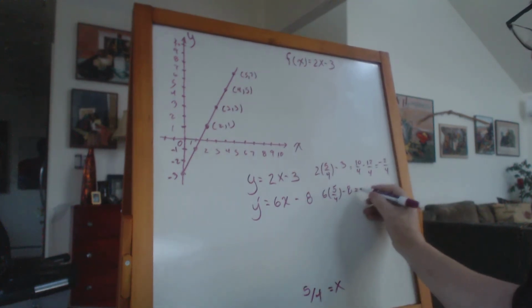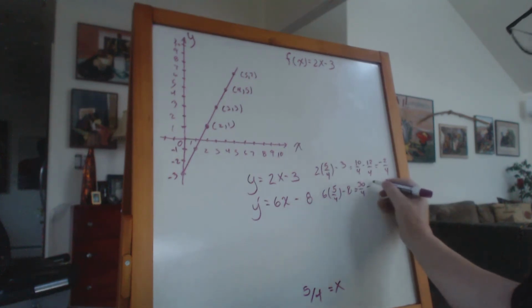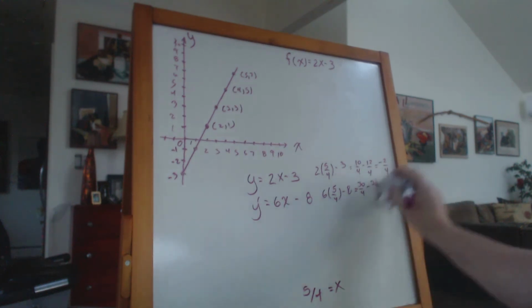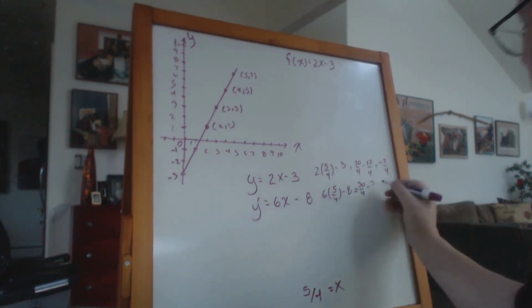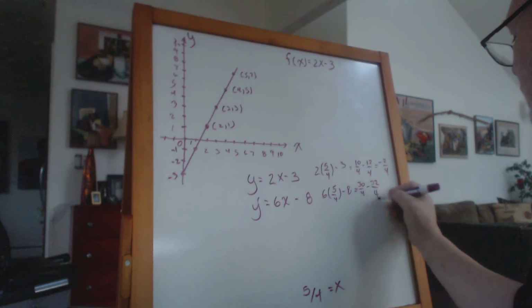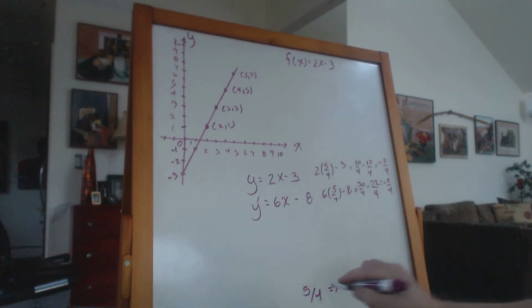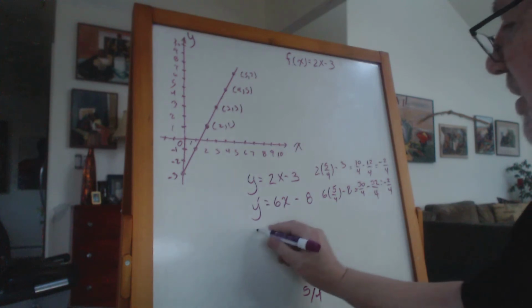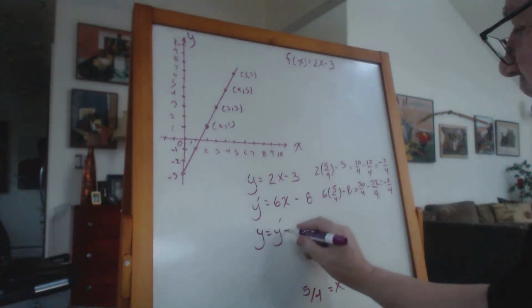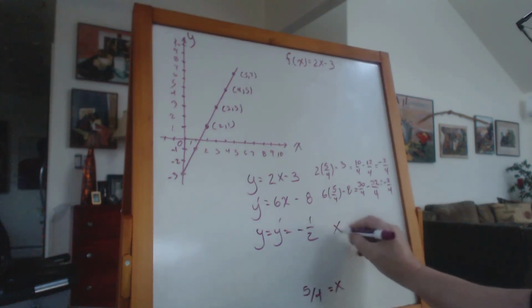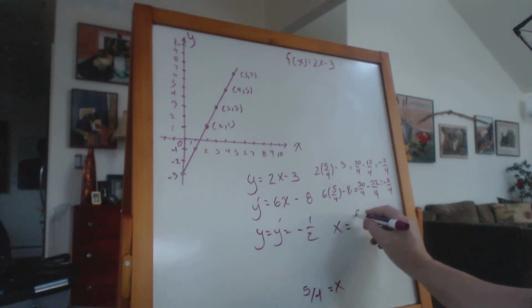And 6 times 5/4 is 30/4, minus 32/4, which is also minus 2/4. So they are the same at x equals 5/4. So y equals y prime equals, and I can reduce that to minus 1/2 when x is equal to 5/4.